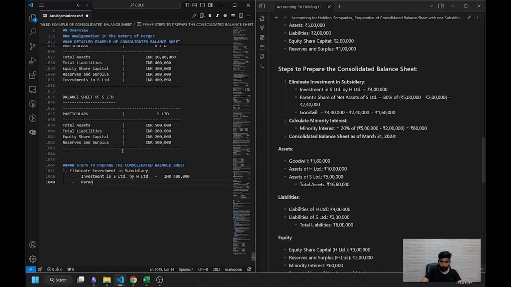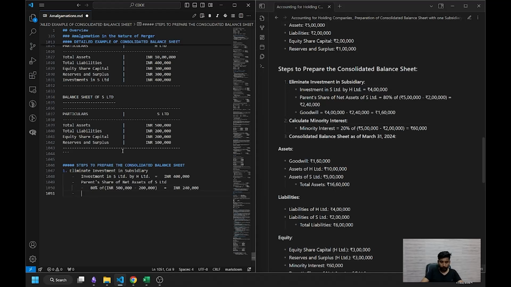Okay. Now, the parent's share of net assets of S Limited, what is it going to be? 80% of 5 lakhs minus 2 lakhs, which is equal to rupees 3 lakhs, so 2 lakhs 40,000.